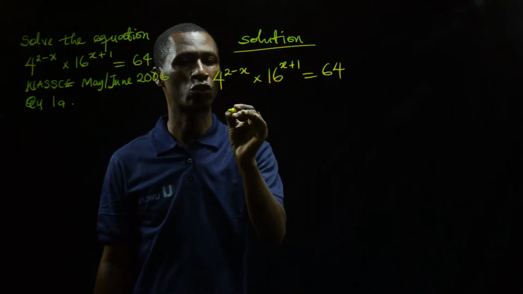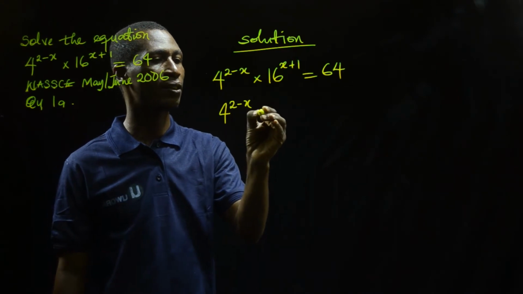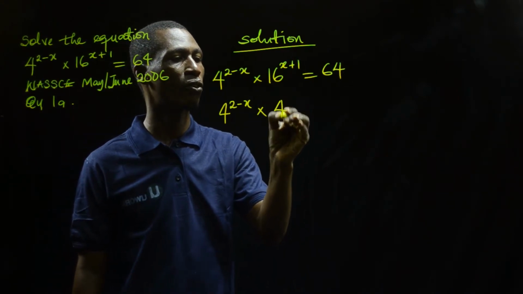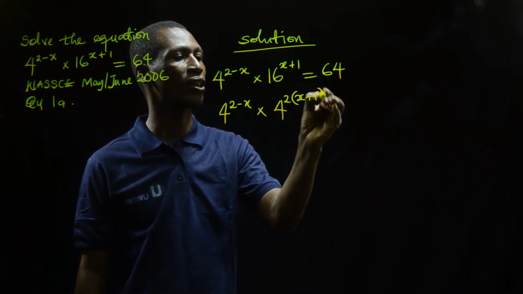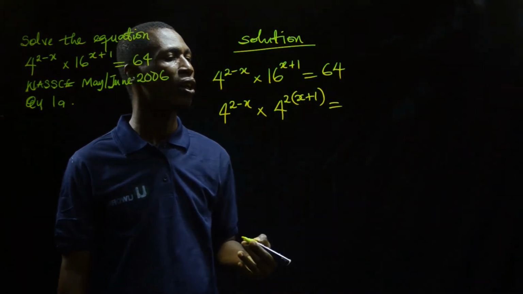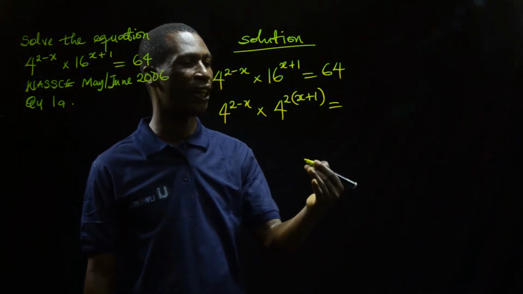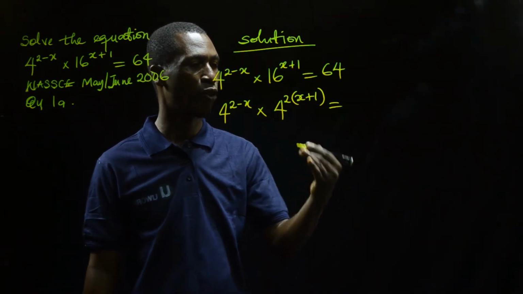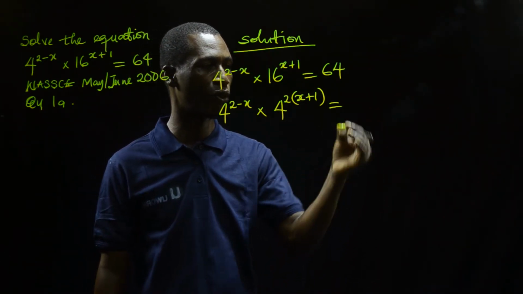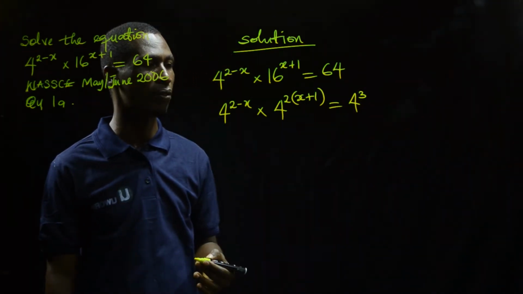So my next step is going to be 4 to the power 2 minus x times 4 to the power 2, then you put the x plus 1 in bracket, equals 64. You can break 64 down: 4 times 4 is 16, 16 times 4 is 64, so 4 to the power 3 is going to give me 64.